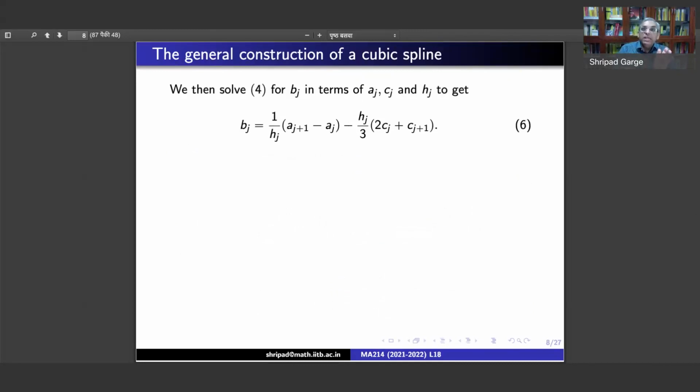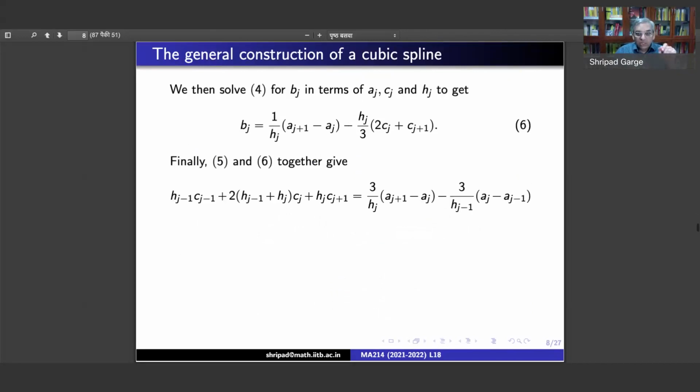So this is what we get when we solve equation 4 for b_j in terms of a_j, c_j and h_j, and we put them back in 5 to get a very long equation. But this is the equation h_{j-1} c_{j-1} plus 2(h_{j-1} plus h_j) c_j plus h_j c_{j+1} is equal to, on the right hand side, something. So if you look at it, on the left hand side, you have only h_j's and c_j's.